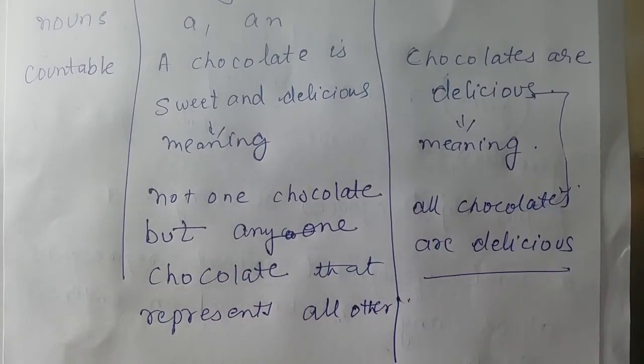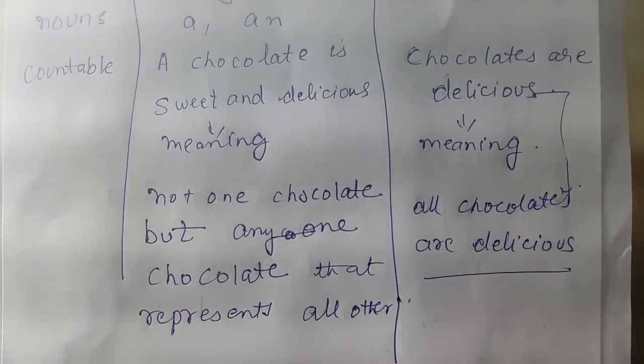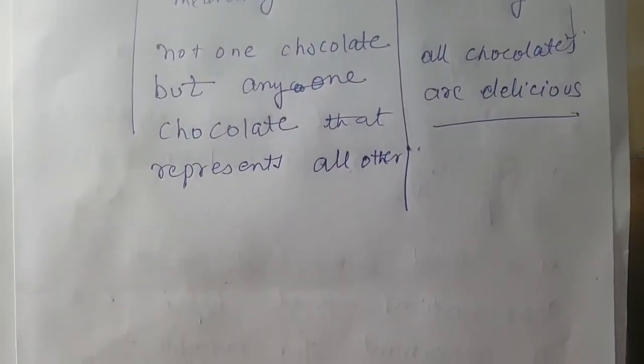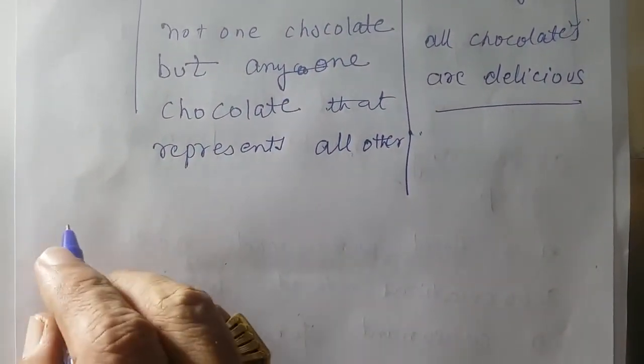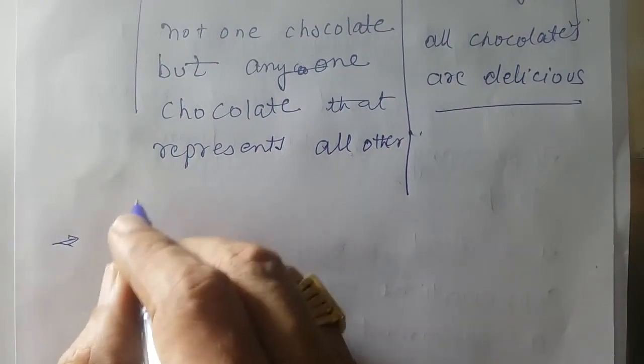This is the difference. In this way try to manage the difference. This is the cause here, the effect here. Now this is singular, this is plural. Let's go to another point. Where is the uncountable noun?